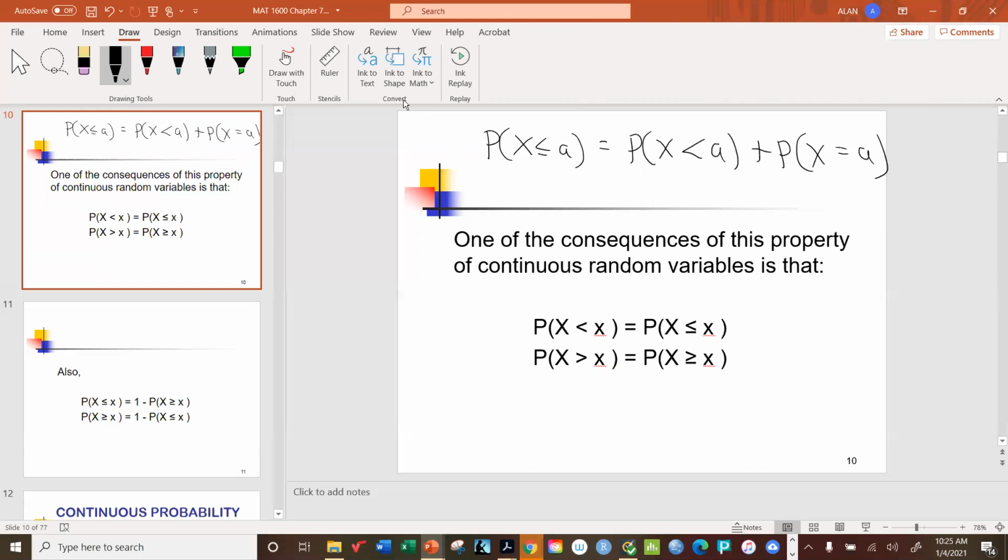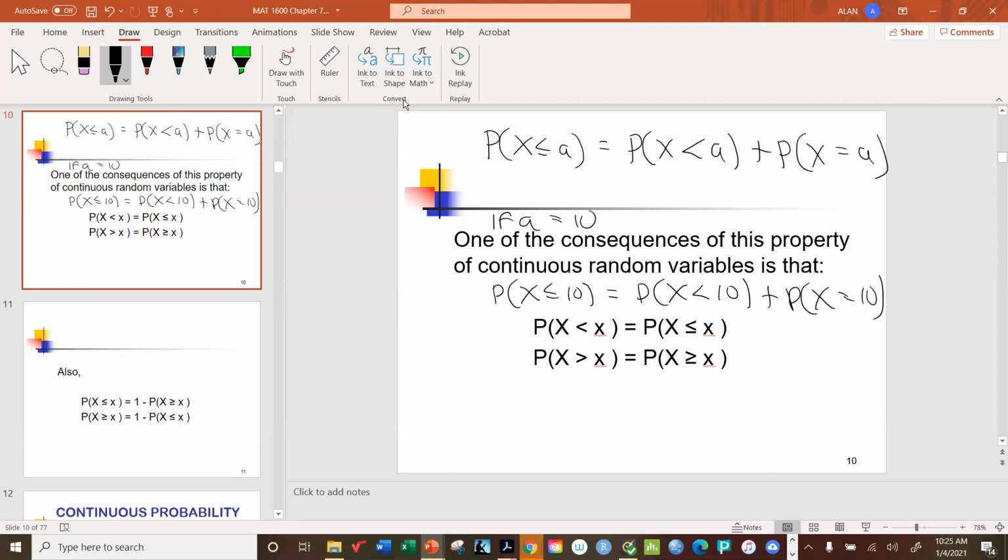Okay, so let's say a is 10, then this means that the probability that x is less than or equal to 10 equals the probability that it's strictly less than 10 plus the probability that it equals 10.